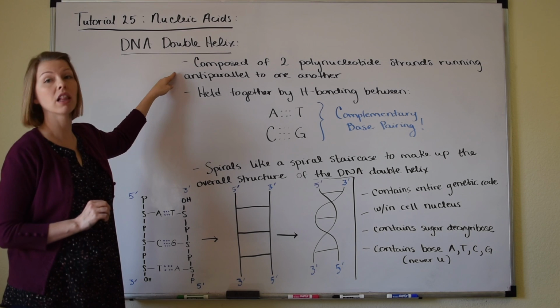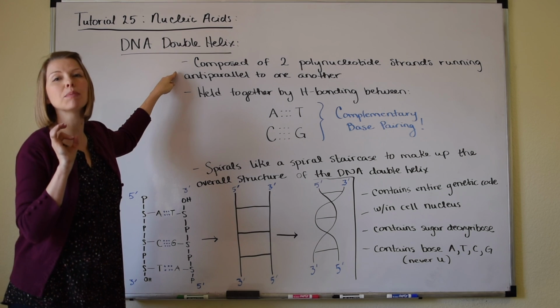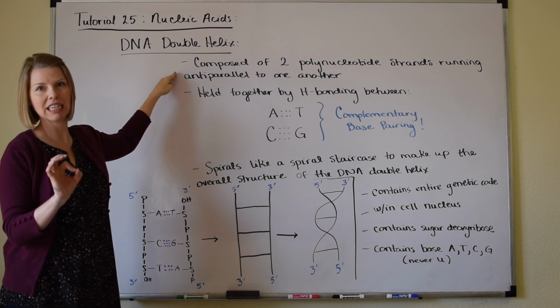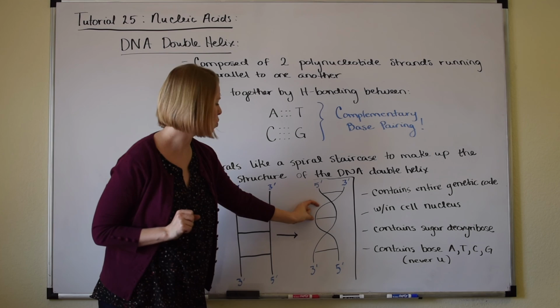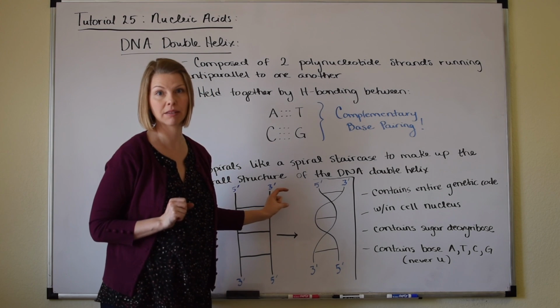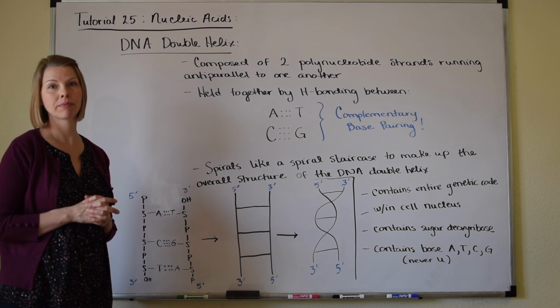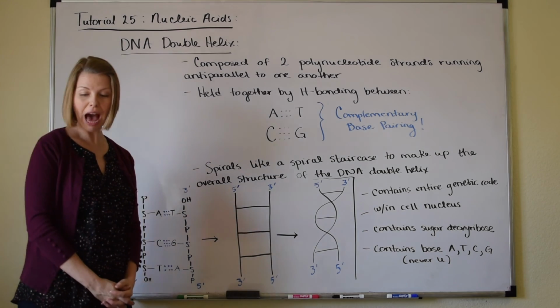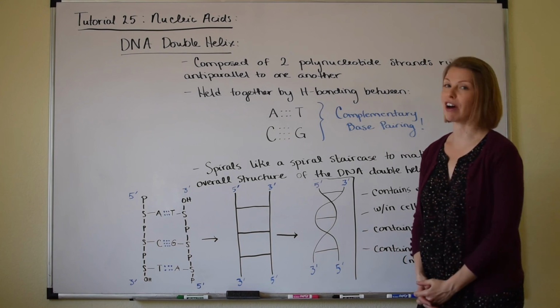DNA has two polynucleotide strands, but RNA is going to be single-stranded. It's going to be a little copy of a gene from one polynucleotide strand. So always going to be single-stranded. Okay, so that will conclude our tutorial number 25.